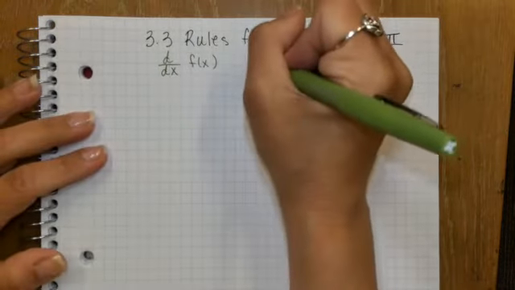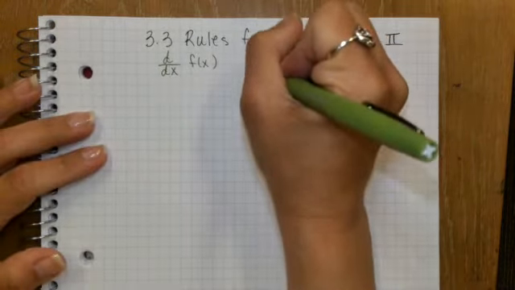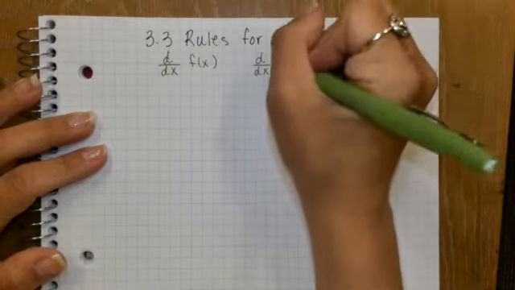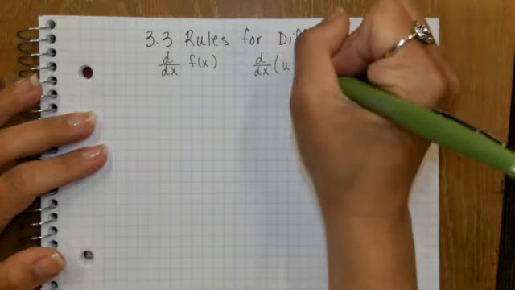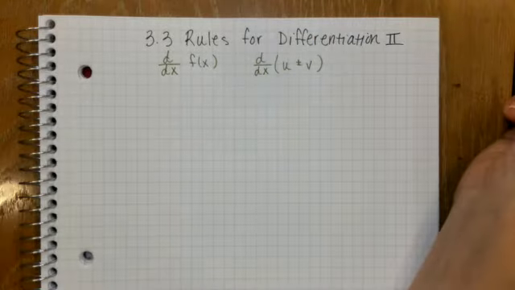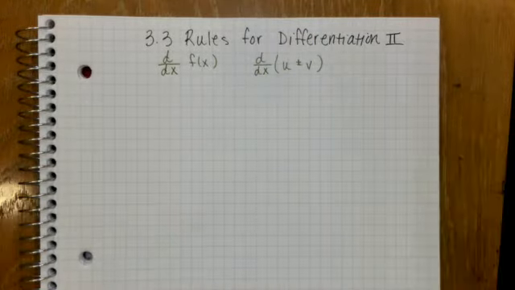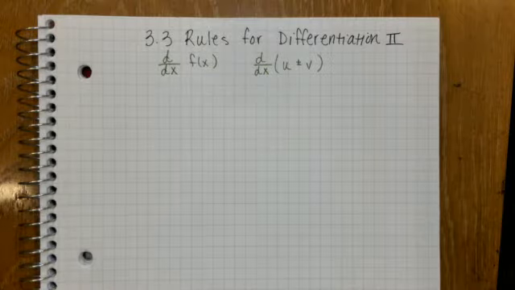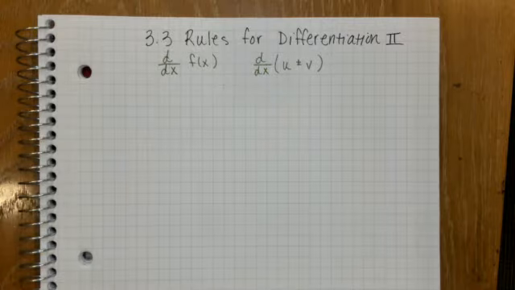So if you have something like d dx of some function u plus or minus v. So essentially that's a sum or a difference. Be careful because u's and v's can very easily be misconstrued for each other if you're not careful with your handwriting. And u's and v's are the primary letters that are going to be used when we derive more complex functions. So just keep that in mind.